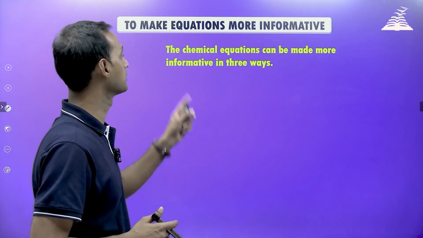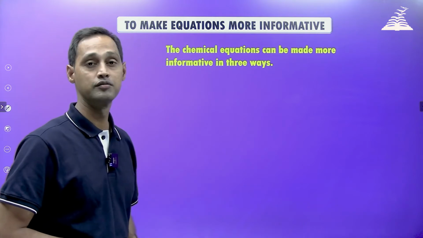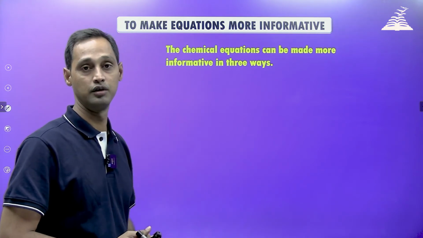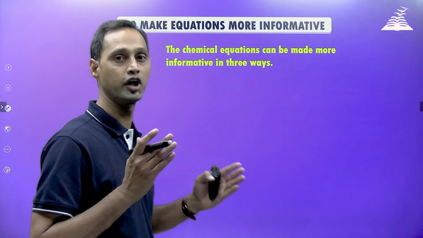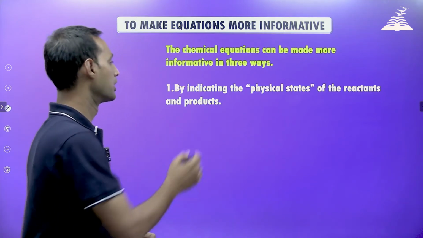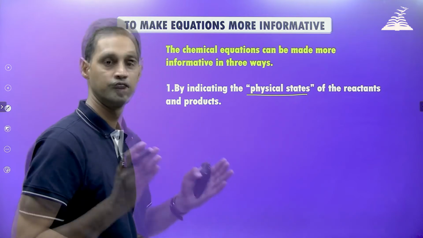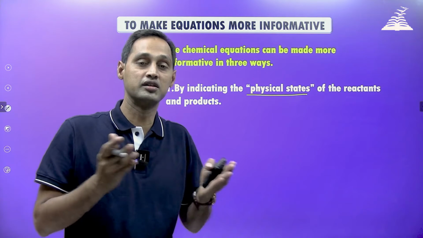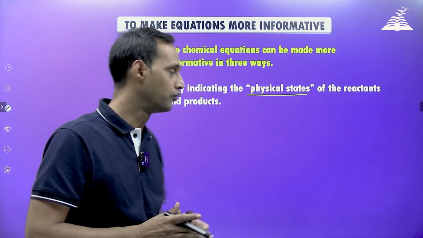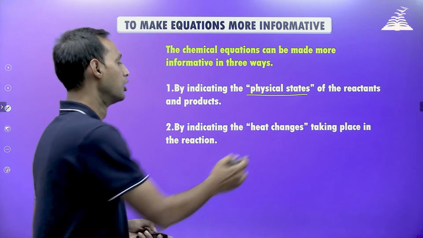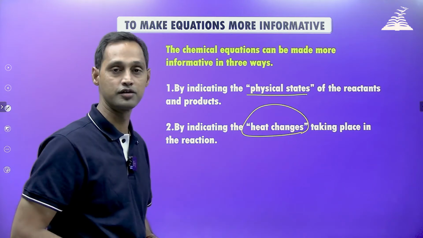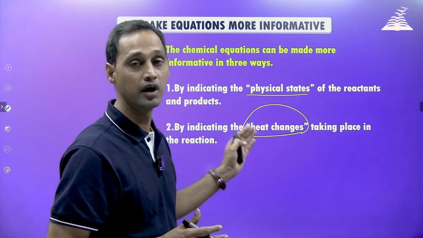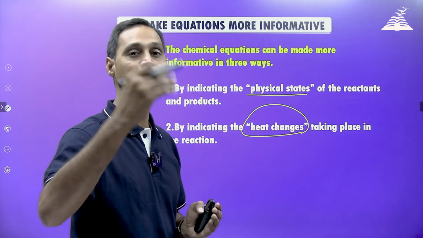So the first thing is, it can be made in 3 ways. First is mentioning physical states of the reactants and products in a given chemical equation, so that we can make it more informative. Indicating physical states, whether the substance is in solid state, liquid state or gaseous state, or it is an aqueous solution. And the second one is by indicating heat changes during the reaction, whether the reaction requires heat or it releases heat.